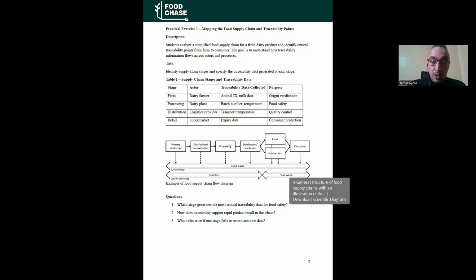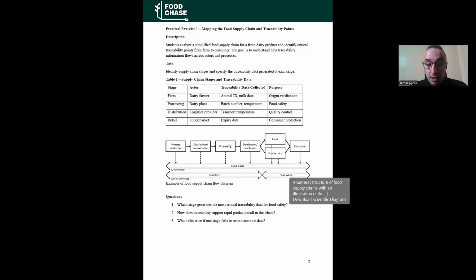In this table, we explain this process with different stages from farm to retail, passing by processing and distribution, the actors, and also the traceability data collected at each stage. We have also the purpose and objective for each stage to facilitate understanding the objective of each of these tools applied at any stage.